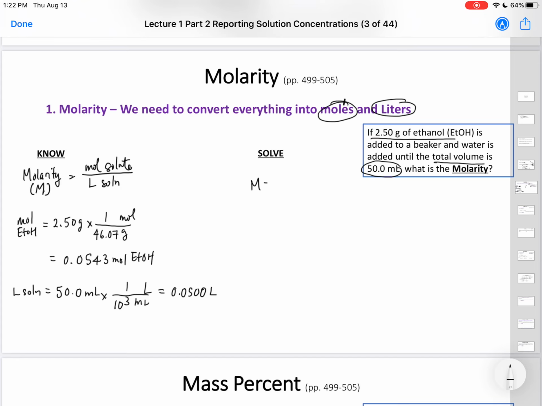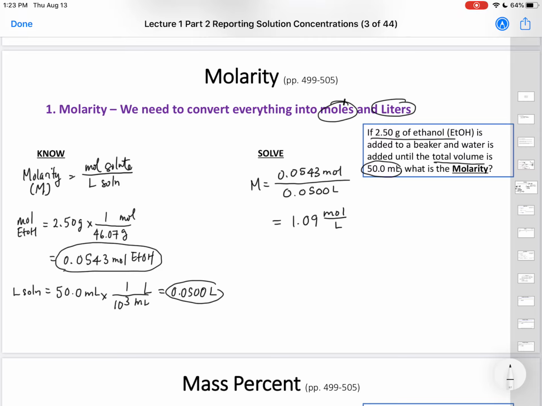And to do the solve, really the molarity is equal to, and again I have the moles here and the liters here. Okay, so I'm just going to plug that in. 0.0543 moles of the ethanol over 0.0500 liters. So this comes out to 1.09 moles over liters.